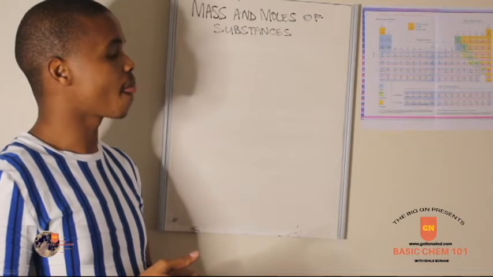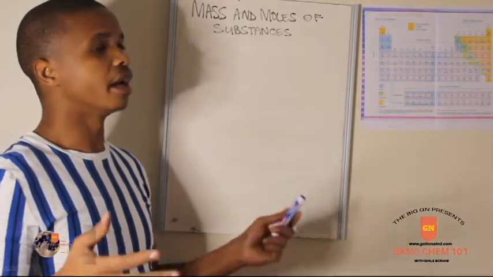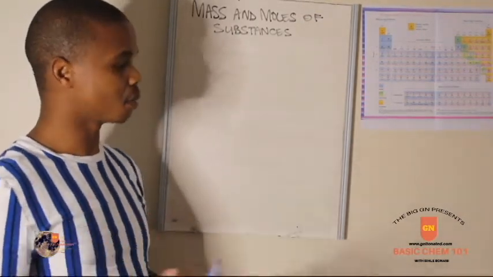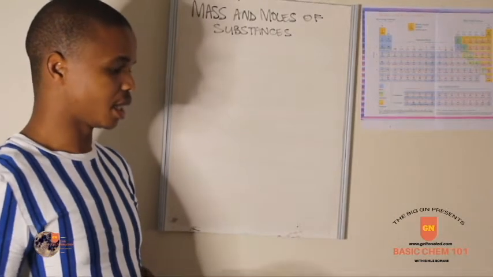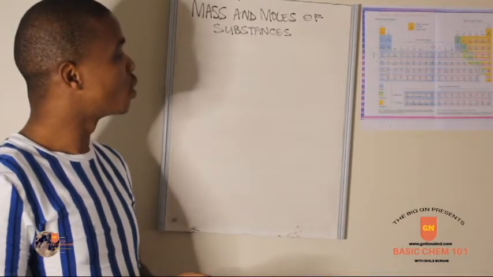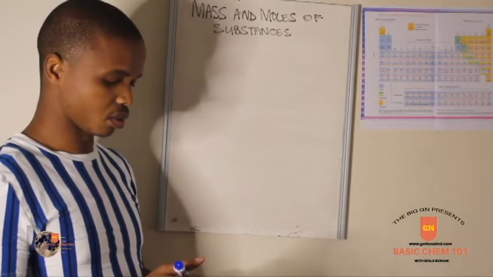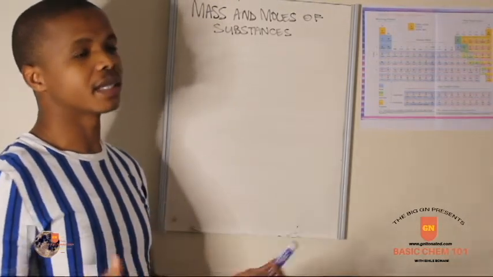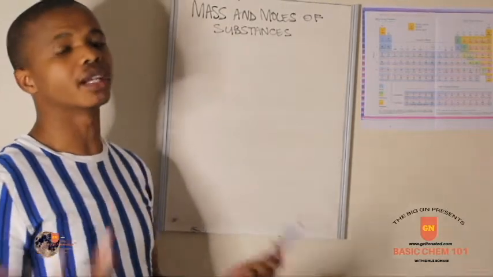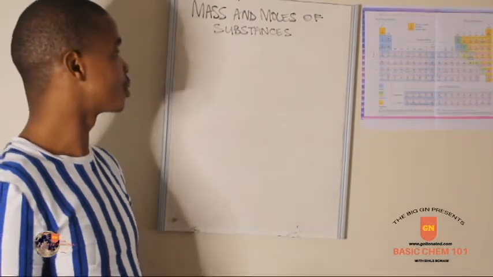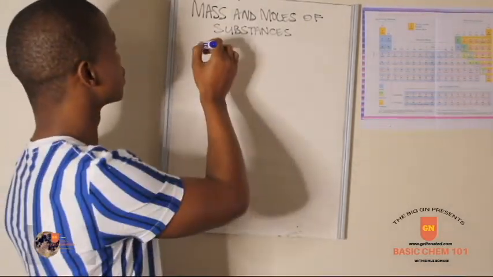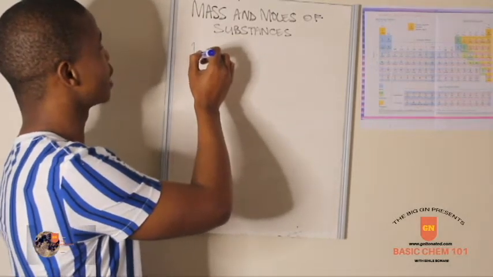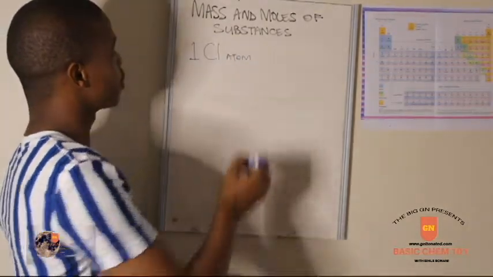Now that you know a molar mass, a mole, formula mass and molecular mass, they can ask you to calculate the mass of one chlorine atom, for example. So if you have one chlorine atom, what is the mass?